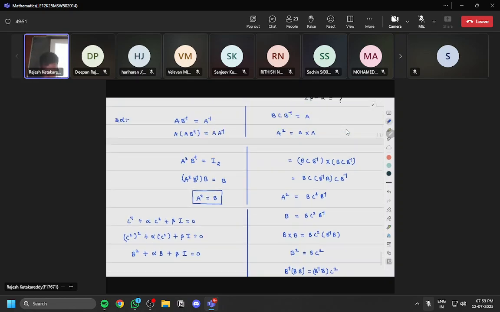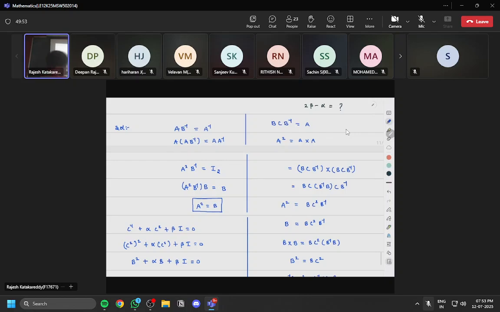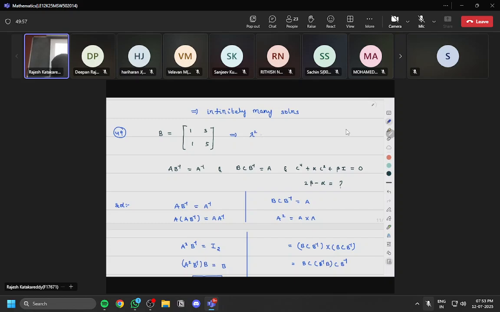From the characteristic polynomial, what I can write next to this is lambda square minus 6 into lambda plus 2 must be equal to 0. So the matrix B square minus 6 into B plus 2 into identity will be 0.